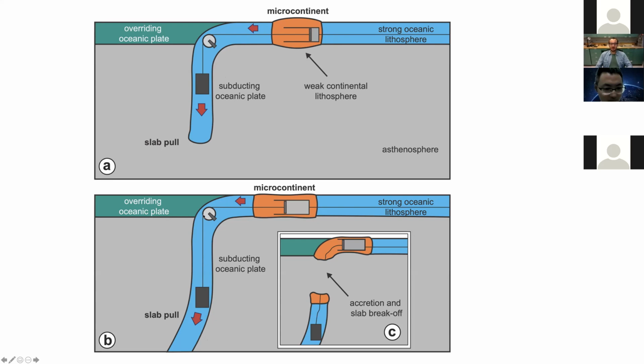The pulley plays a role in converting vertical to subvertical tensile stress to horizontal orientation. It is the strong oceanic lithosphere, represented by the string, that transmits this tensile stress to the microcontinent. But the microcontinent is not as strong as oceanic lithosphere, and because of that, it undergoes extensional deformation.